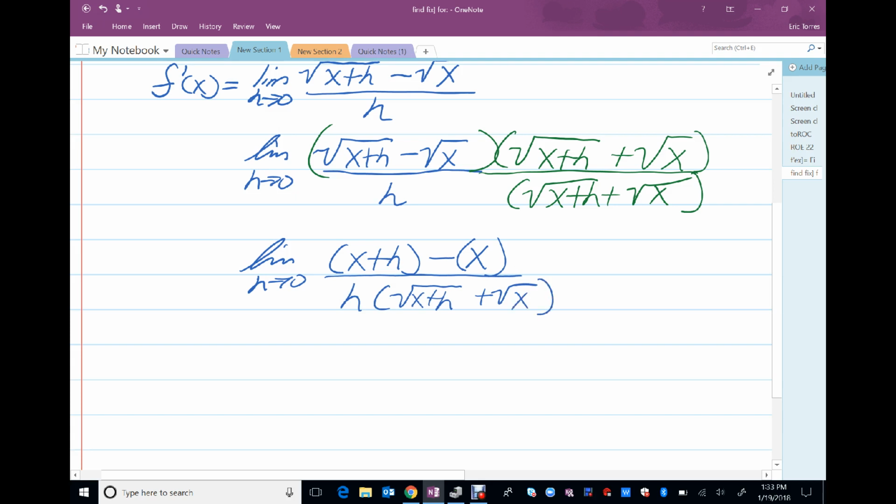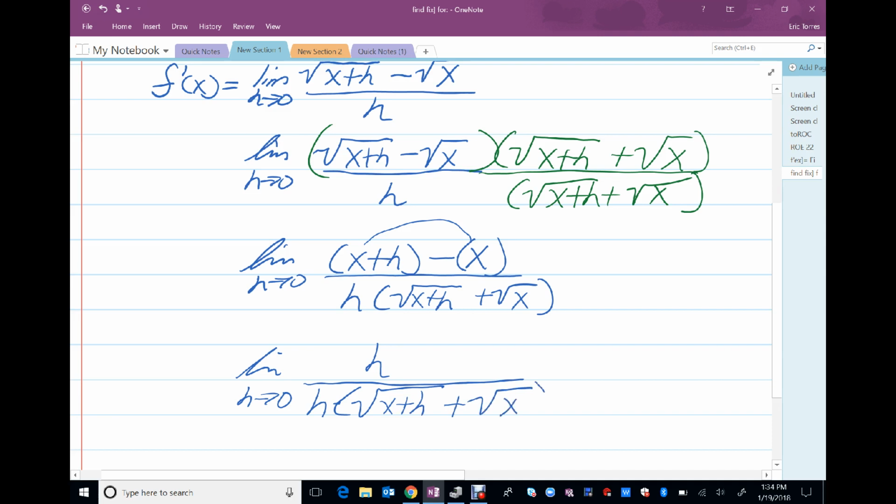However, I have a positive x and a negative x. These two eliminate each other. As h approaches 0 of h all over h times the square root of x plus h plus the square root of x.